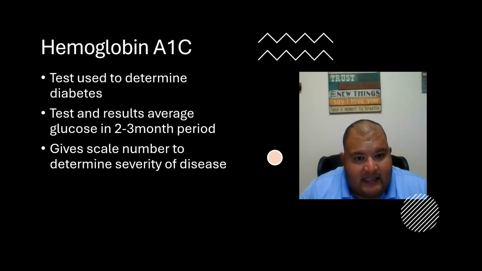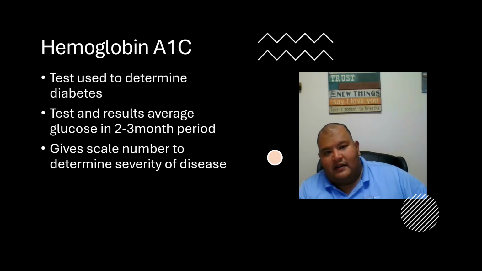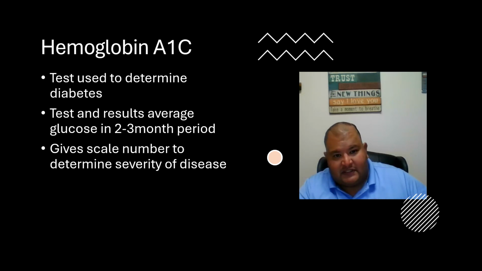This test is used to determine the severity of the disease by putting you on a numbered scale with a certain percentage of your sugars being so high at this number that is rated on this scale.